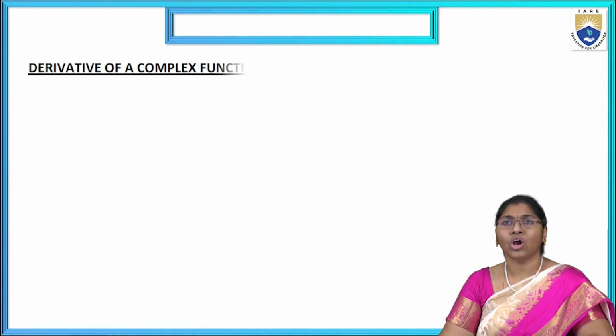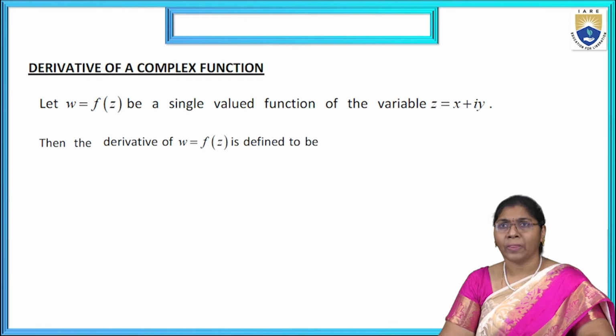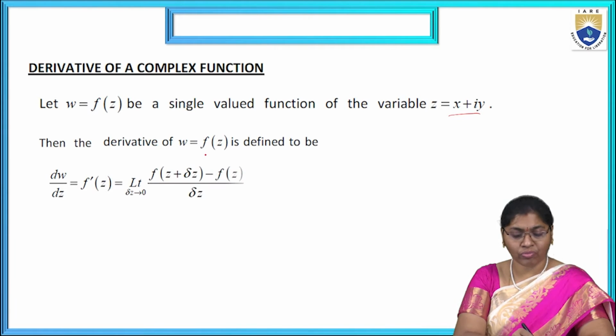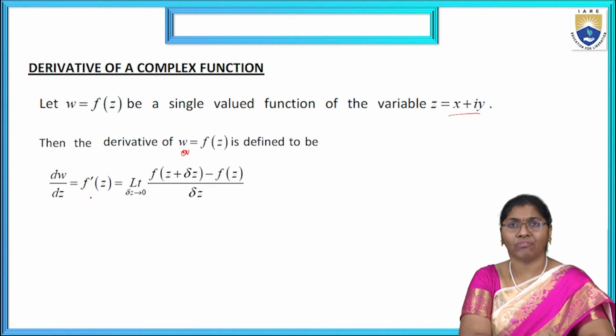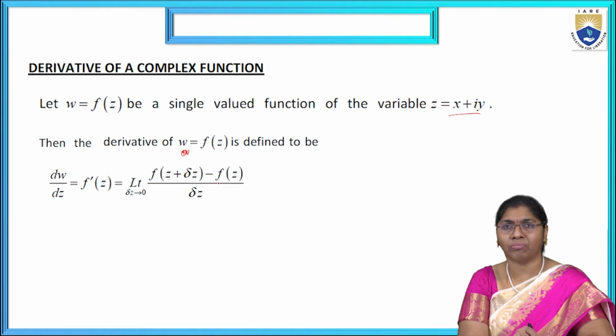Now the derivative of a complex function. Let f of z be a single valued function of the variable z equal to x plus iy. Then the derivative of w equal to f of z is defined as follows: dw by dz equal to f dash of z equal to limit as delta z tends to 0 of (f of z plus delta z minus f of z) by delta z.